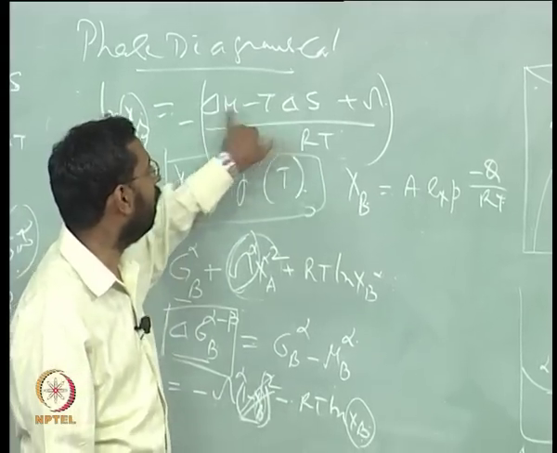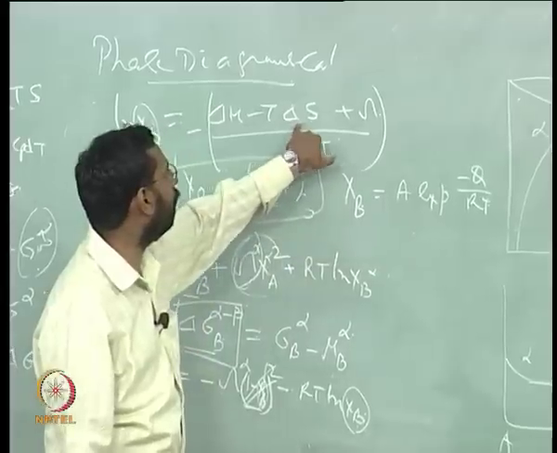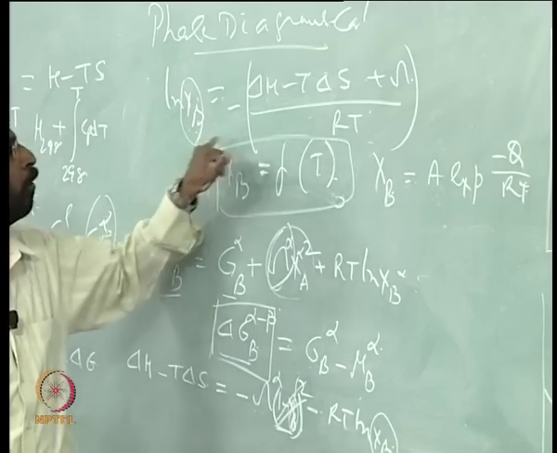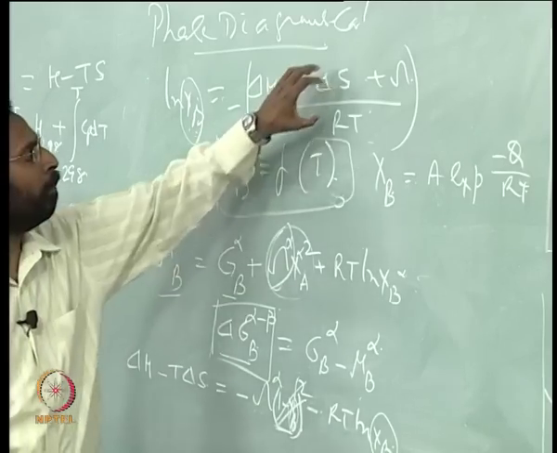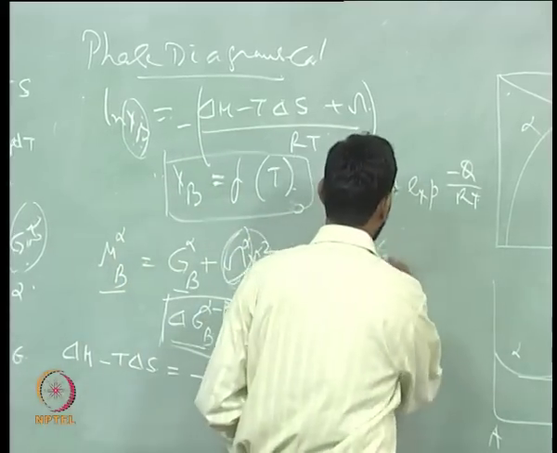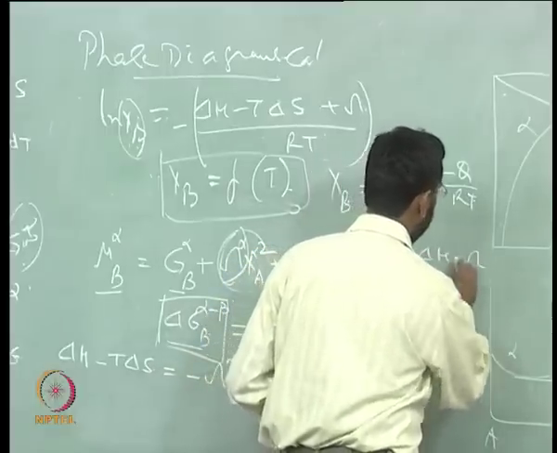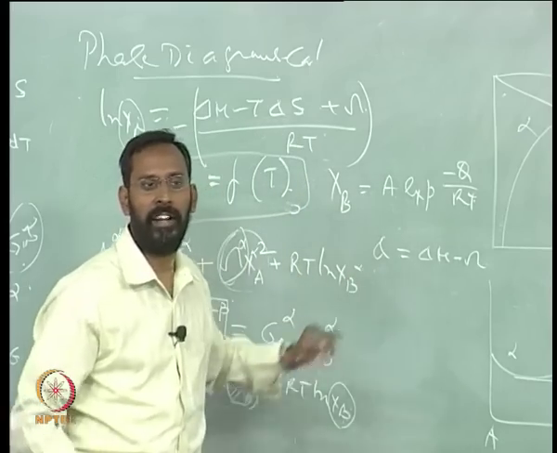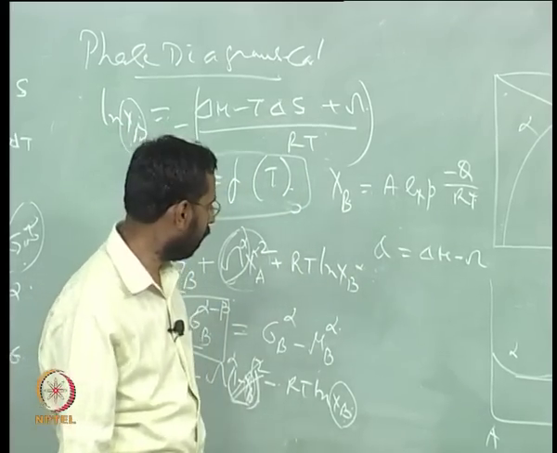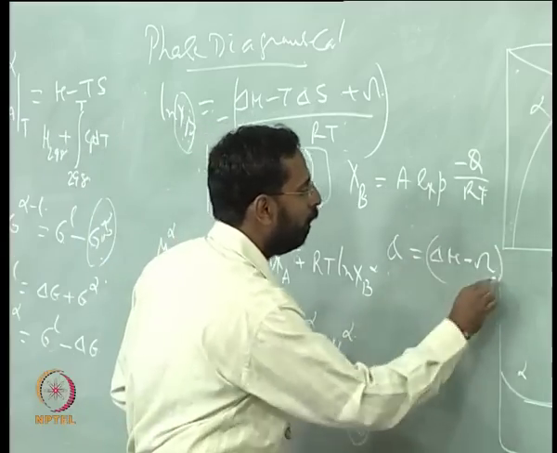So, you can see that this Q will be nothing but that, and A will be nothing but exponential delta S by R. So there will be two exponential terms, one will be delta S by R, another exponential term will be having delta H, this Q will be nothing but delta H minus R plus R. You have to check the actual signs, whether it is negative or positive, you will get a term like this.